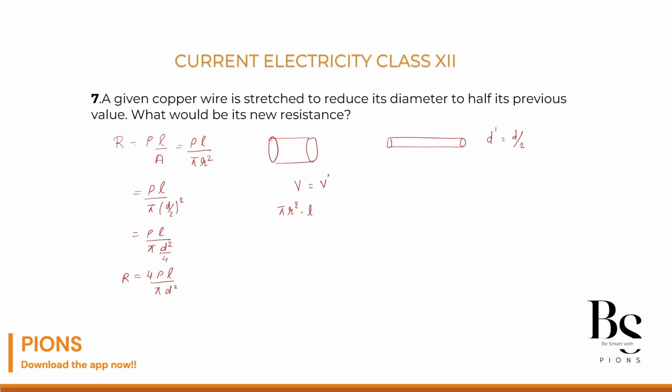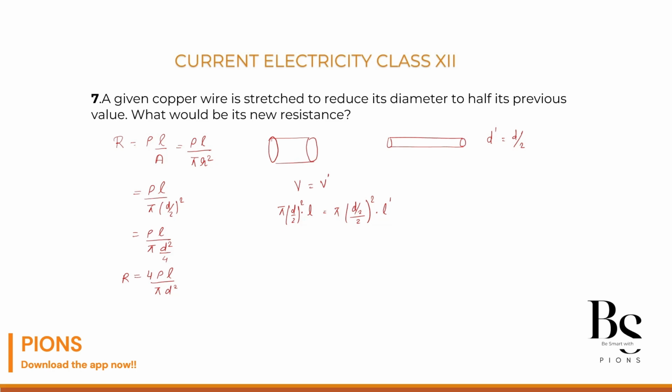Now r in this case is d by 2, so d by 2 whole square into L. Here it will be pi into the new diameter, which is d dash, equal to d by 2, so d by 2 whole divided by 2 whole square into the new length, L dash. Correct?